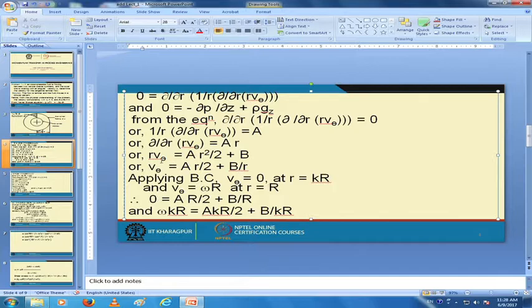this was r v theta is A r square by 2 plus B, that was our integration. So, we write here that in this case we do not need this.